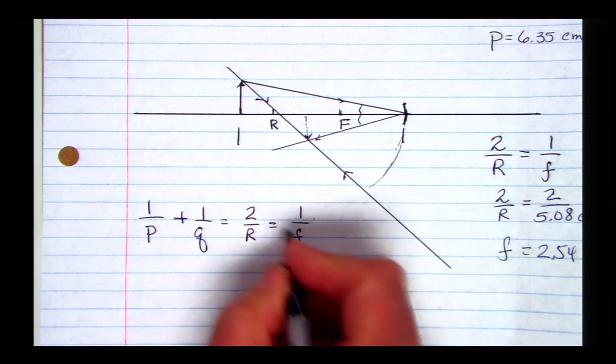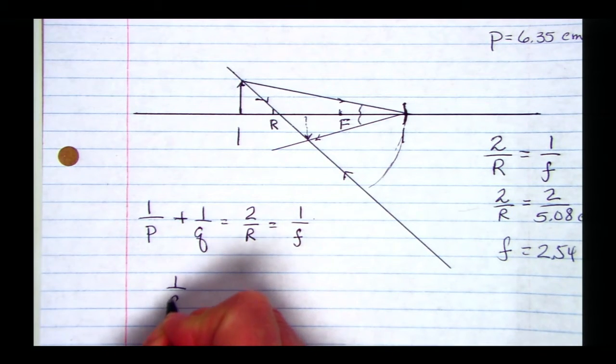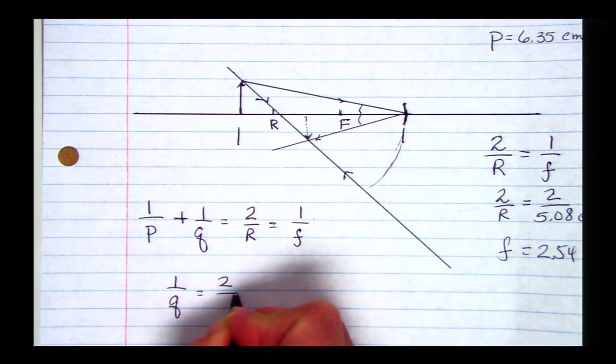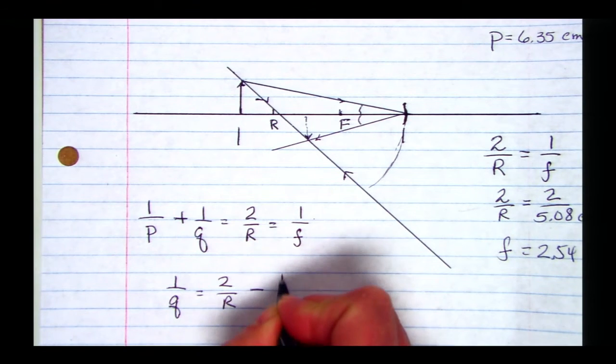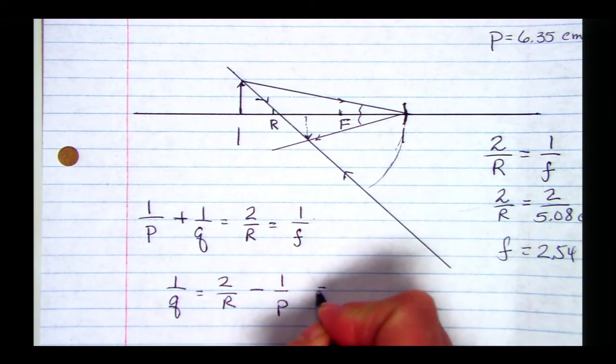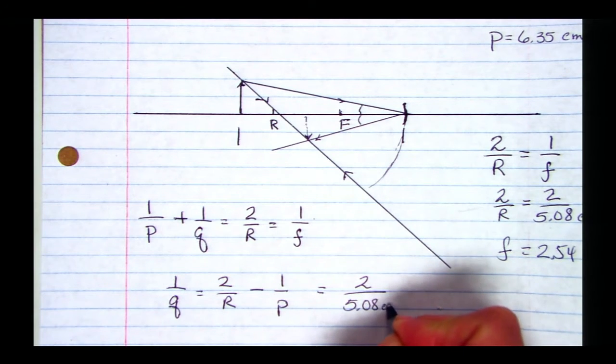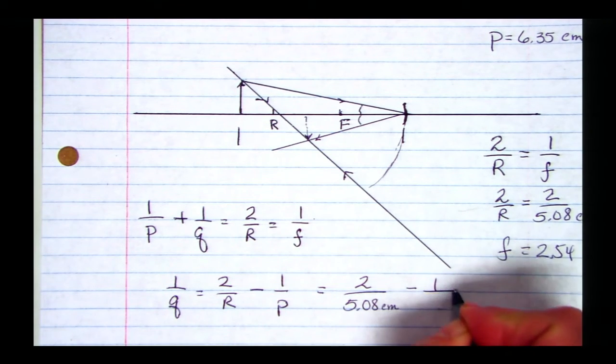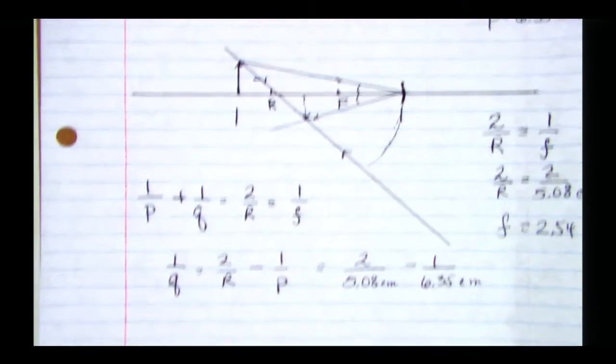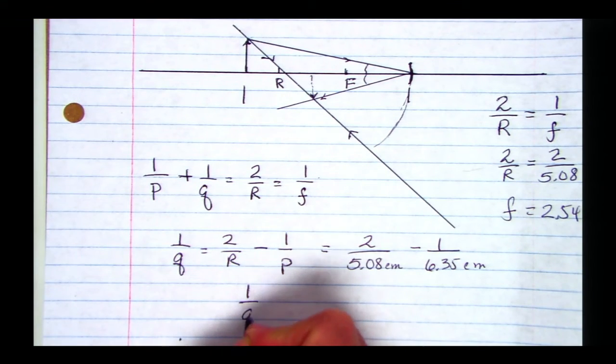And when you do this, you get 2 over 5.08, and you can leave everything in centimeters, minus 1 over 6.35 centimeters. So that gives me 1 over q is equal to 0.236. Q then becomes 4.23 centimeters.